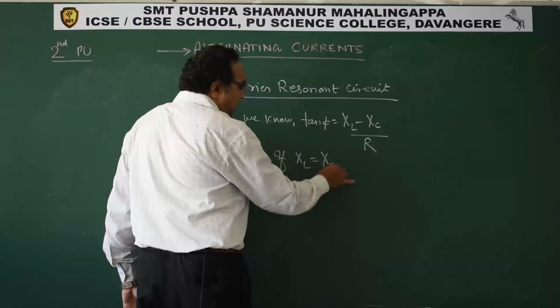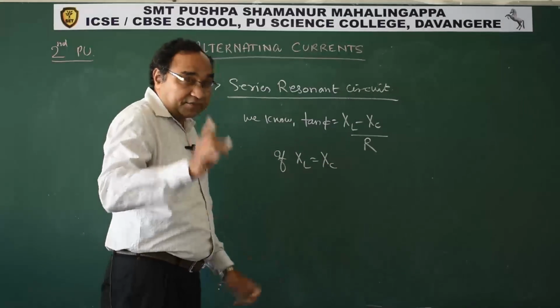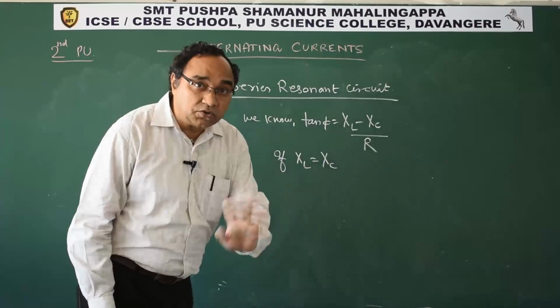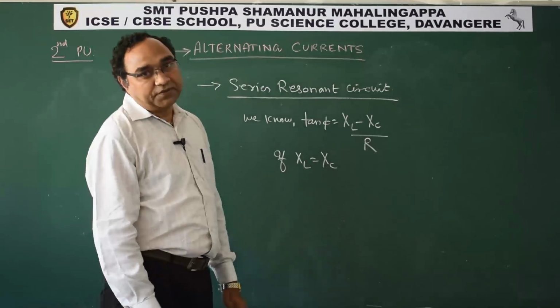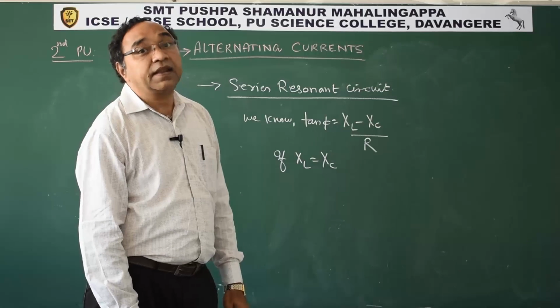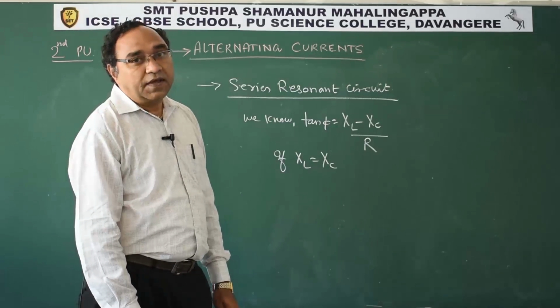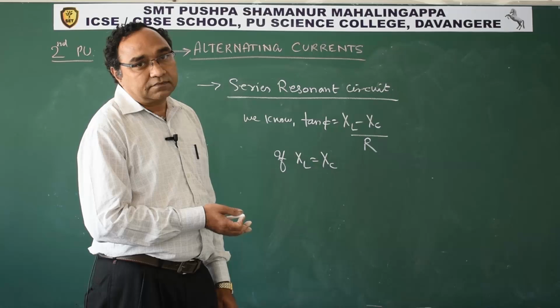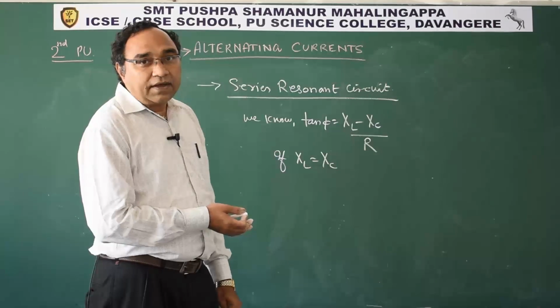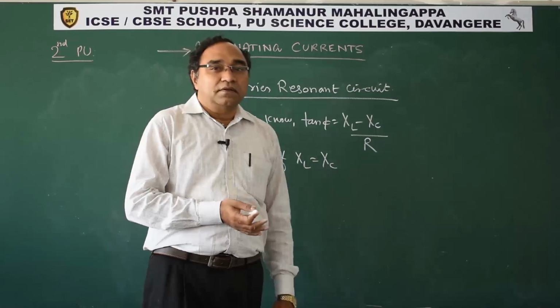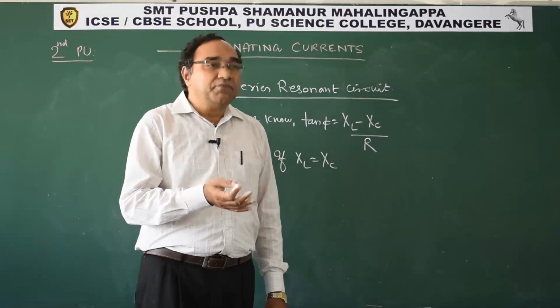So please remember, if XL is equal to XC, please understand this, L is not equal to C, XL equal to XC. L can never be equal to C. L is an inductor which will be measured in henries, and C is capacitor which is measured in farads.